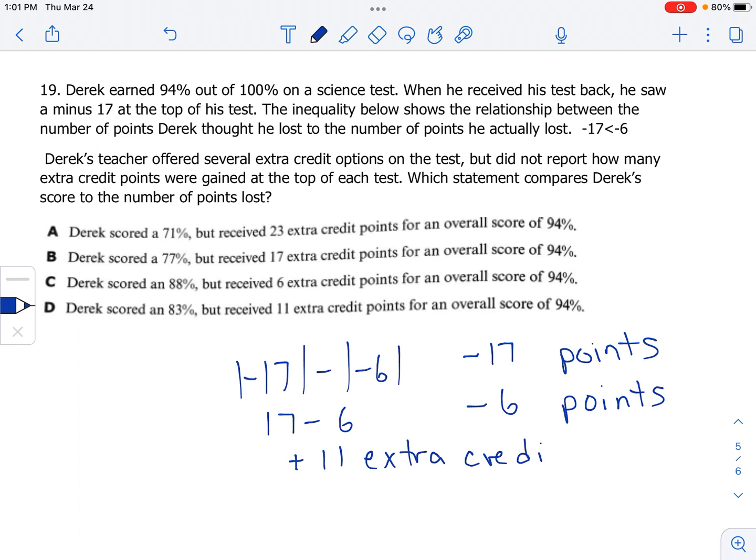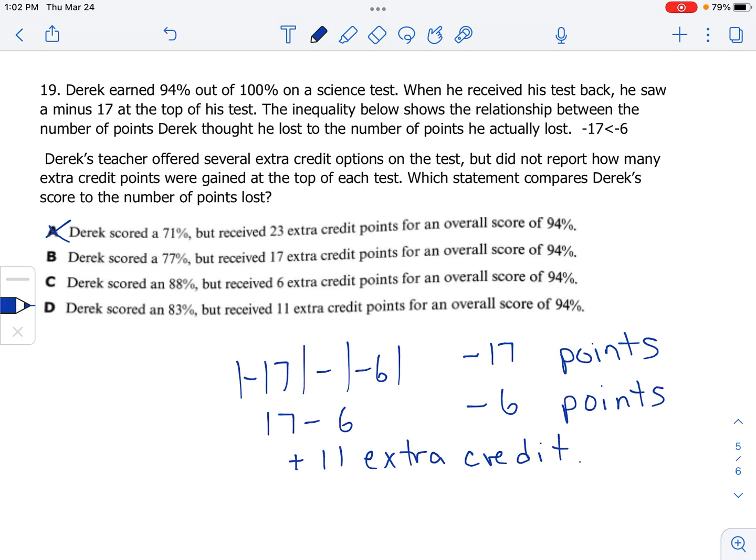So let's see which one of our multiple choice options matches this. Derek scored a 71% but received 23 extra credit points for an overall score of 94. Nope, not true. Minus 17 would take him to 83. Okay, Derek scored 77% but received 17 extra points for an overall score of 94.